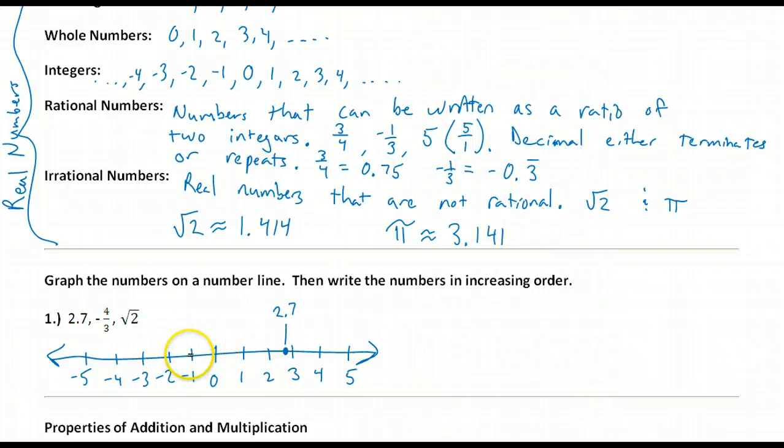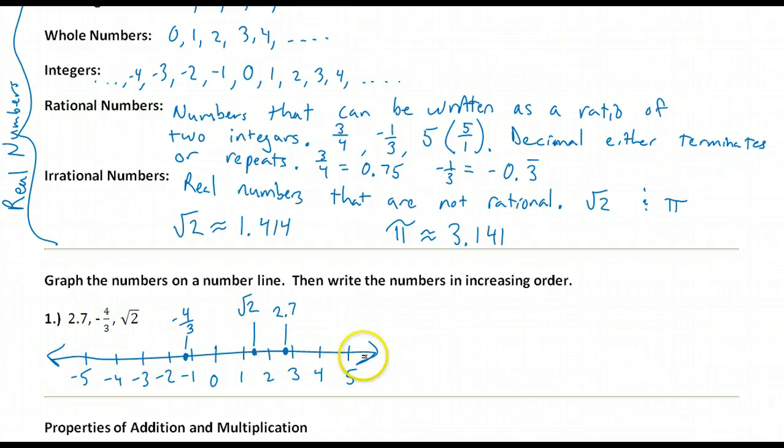So I'm going to go negative 1 and then another third. So this point right here is negative 4/3. And then the square root of 2 is approximately 1.414. So it's about 1.4, a little less than 1.5.